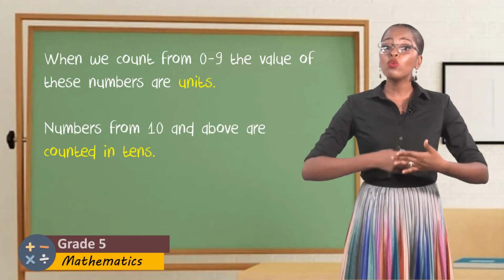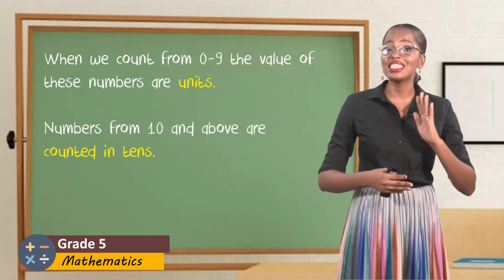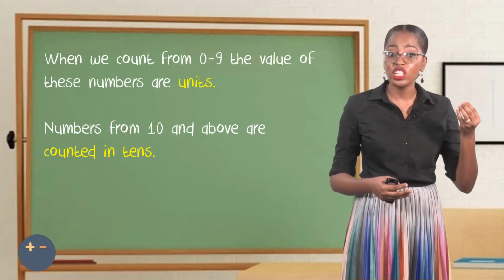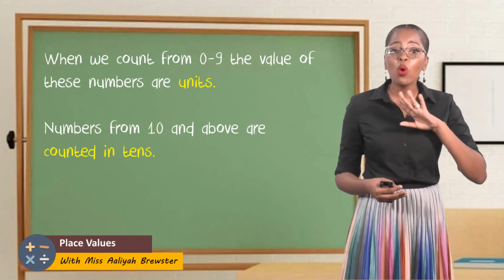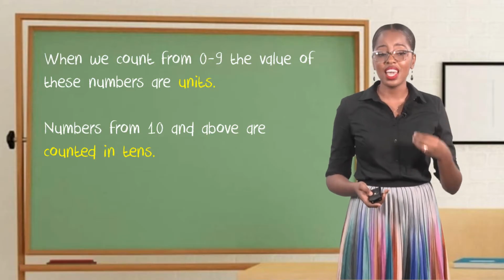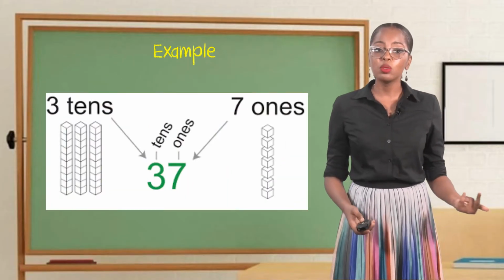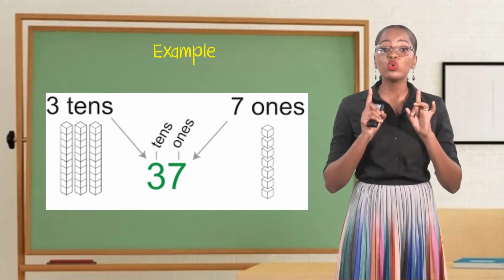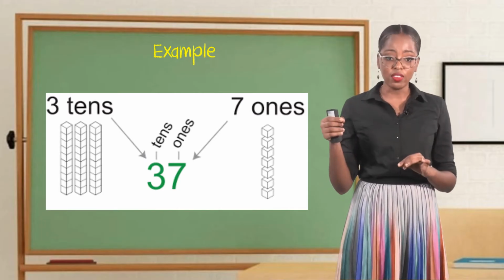However, when we move on to count numbers that are 10 and above, the value of those numbers changes as well. We are no longer counting in units, but now we are counting in tens. For example, suppose we have the number 37. 37 has two digits, 3 and 7.